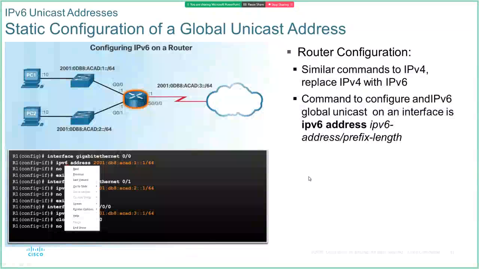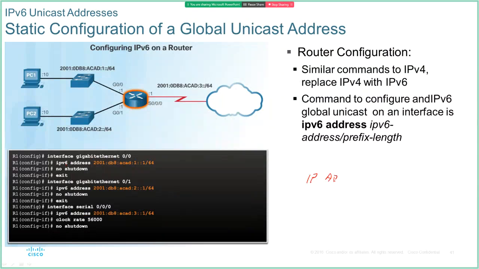So instead of writing IP address, we have to put IPv6 on every command structure that we want to use for IPv6. So there's no difference there as far as that goes.